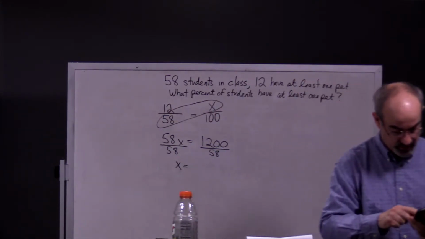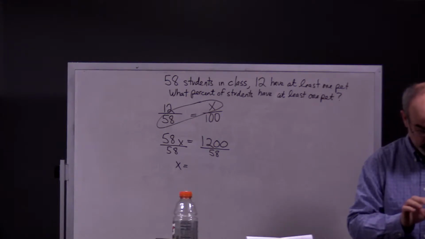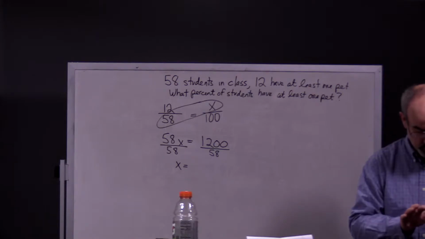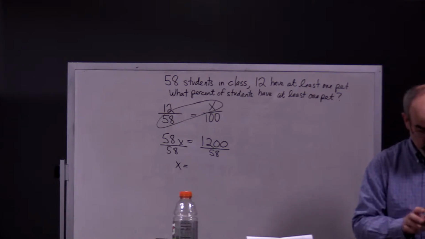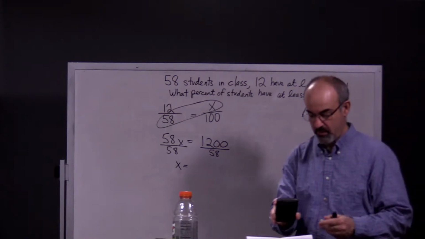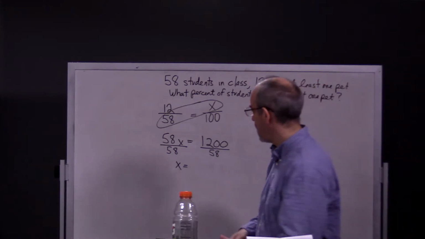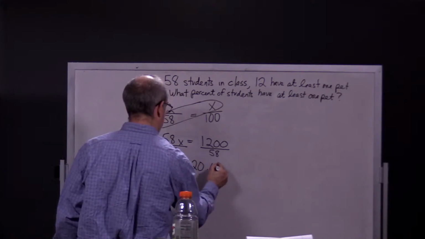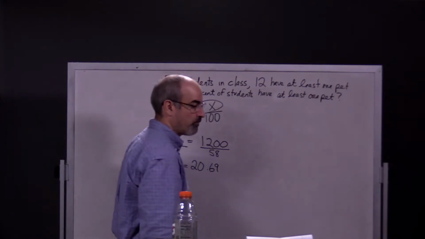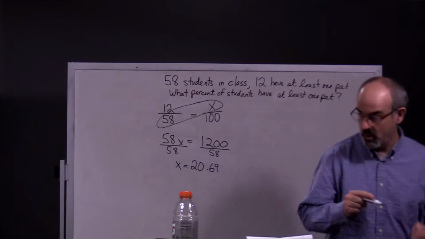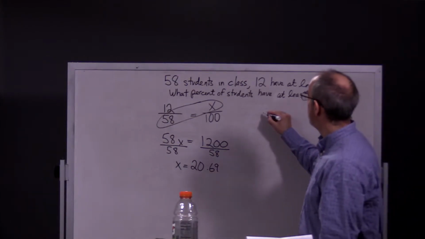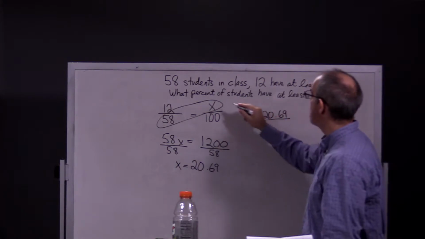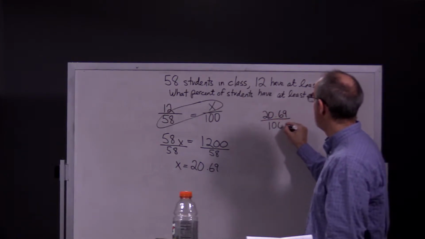So 1200 divided by 58, 20.69, I rounded that. So, what is our answer? Well, remember, so this x would be 20.69, so the x was in the numerator.